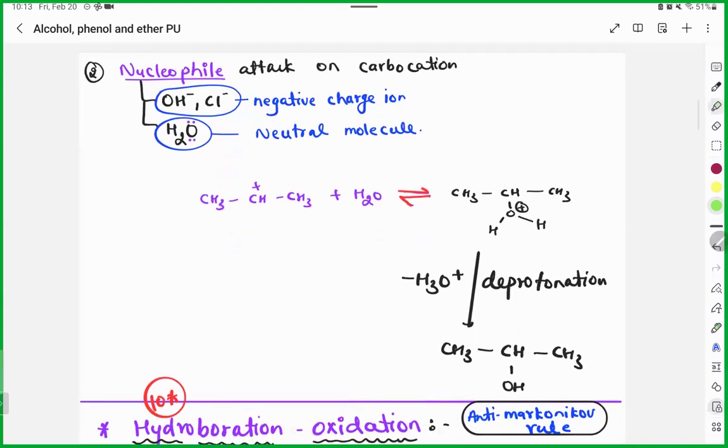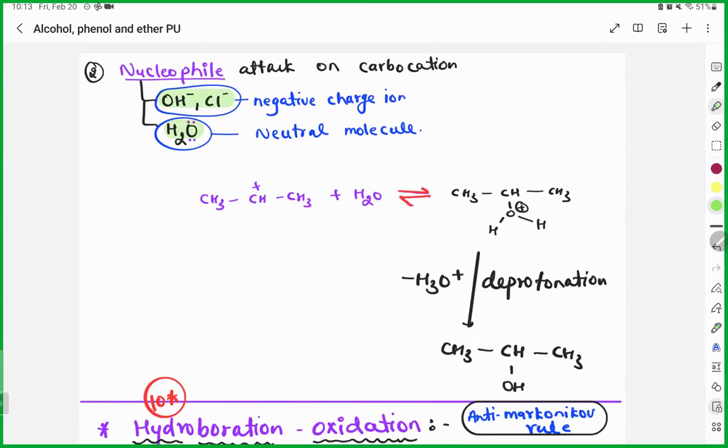Okay. Next is the nucleophile attack on the carbocation. You have two types of nucleophile: negative charge nucleophile and neutral nucleophile. Okay. When carbocation reacts with the water, what will happen?